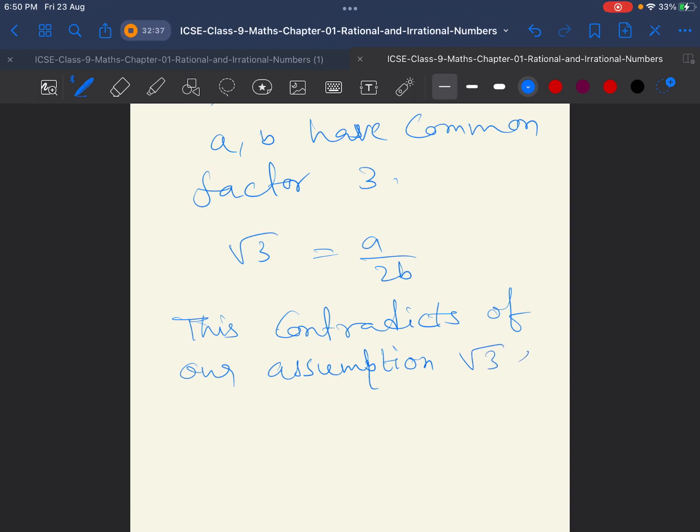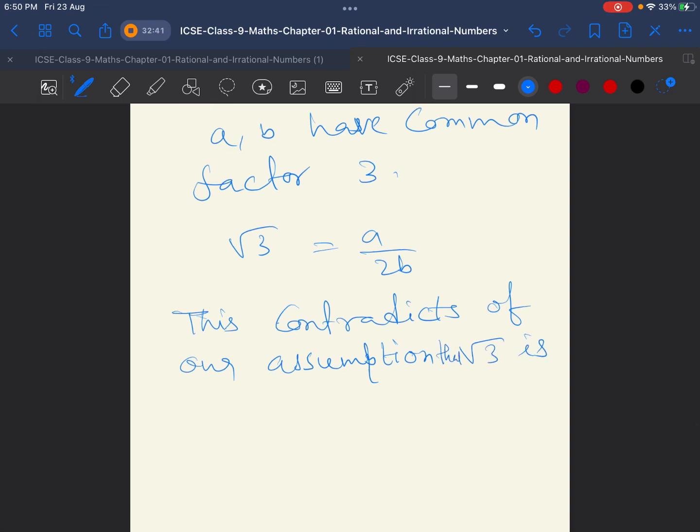This contradicts our assumption that root 3 is a rational number. So here root 3 is an irrational number.